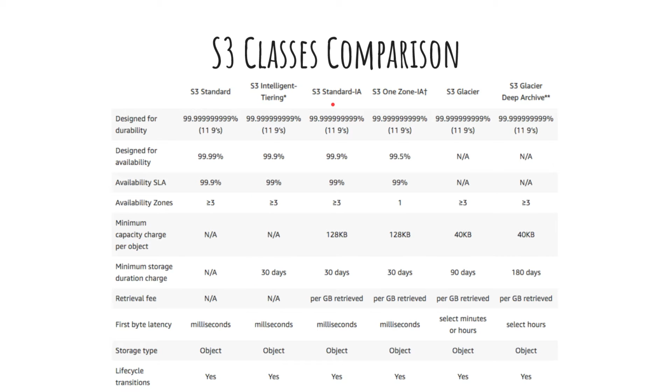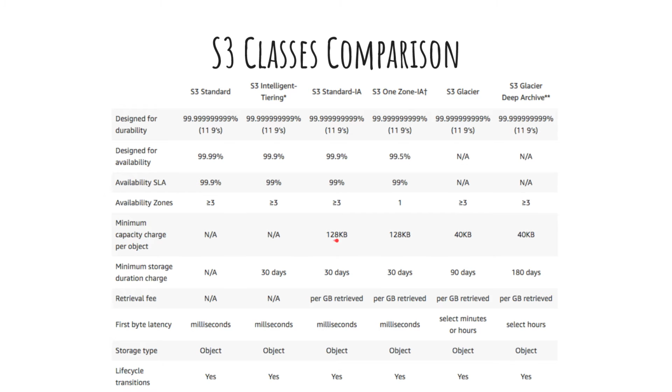For standard infrequent access, you know that you don't need this data that much. It's infrequent access and you're going to put it in this one. The difference from the intelligent one is that with intelligent, AWS decides for you, but this is cold data that we know about. Again, there is a 30 days minimum storage duration charge.